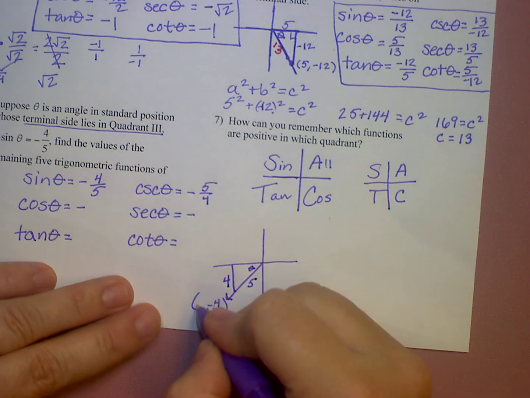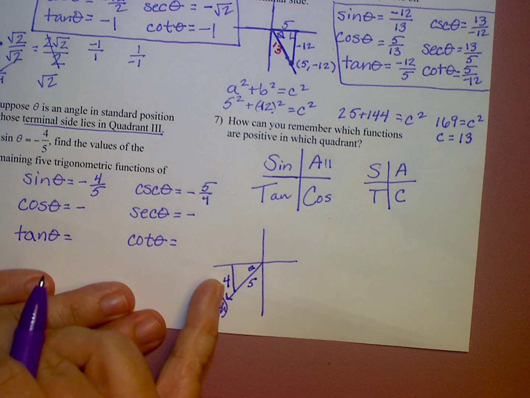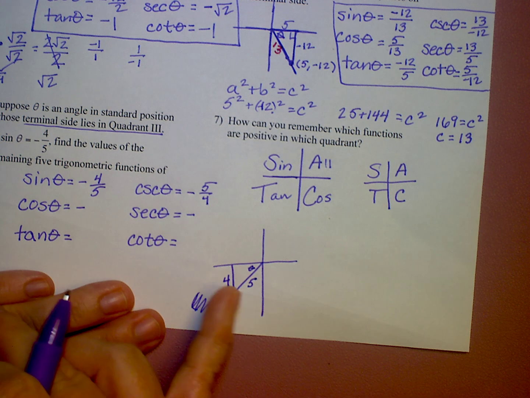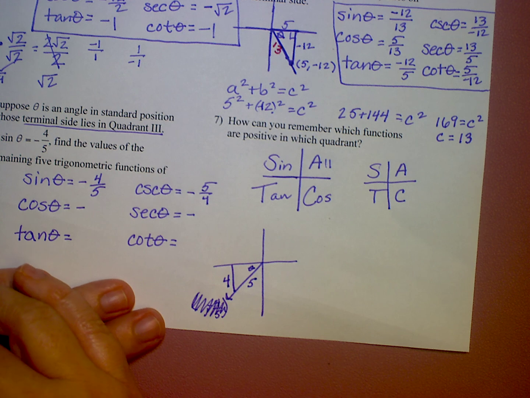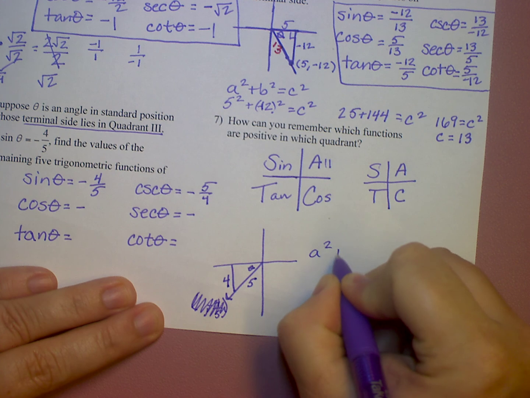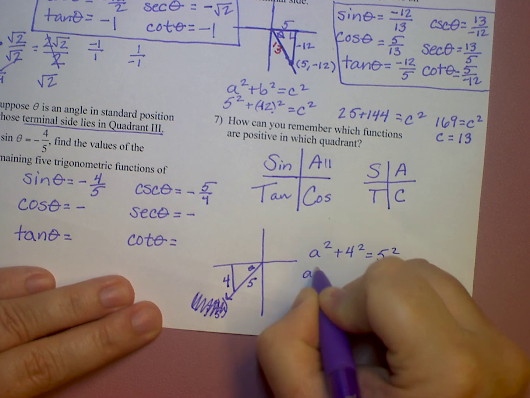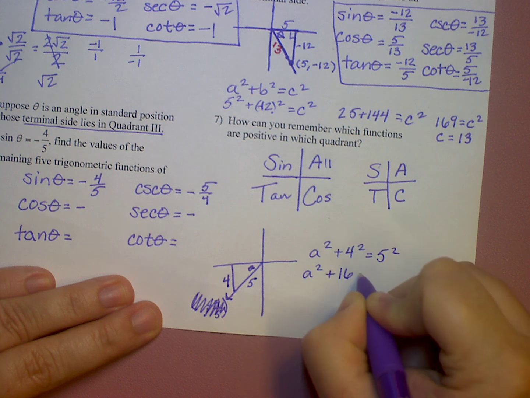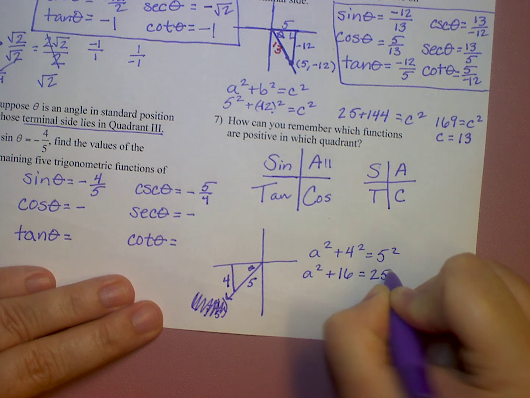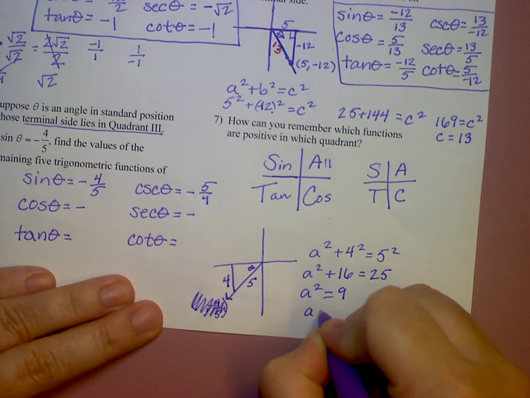That's going to be more helpful than thinking about it this way. Because if I know 4 and 5, I should be able to use Pythagorean theorem to find that other side, right? So a squared plus 4 squared equals 5 squared. A squared plus 16 equals 25. A squared equals 9, so what is A? 3.